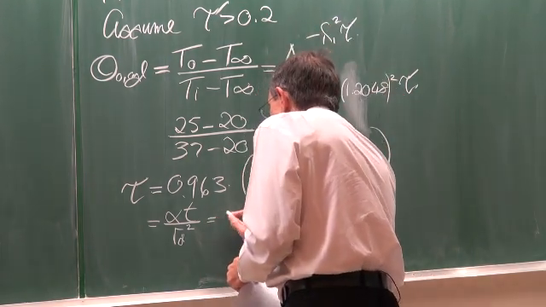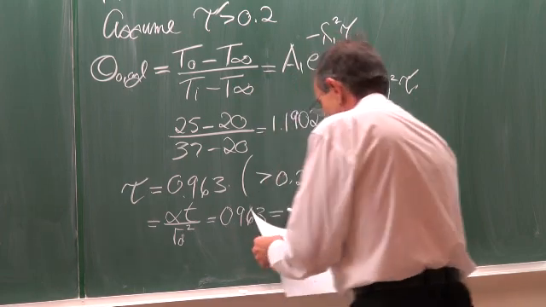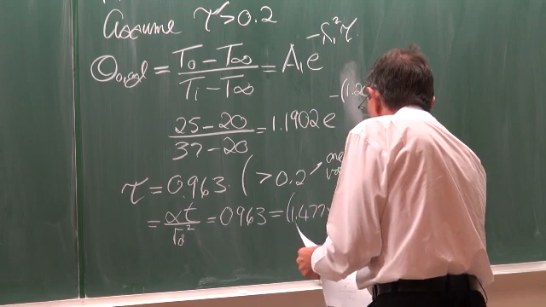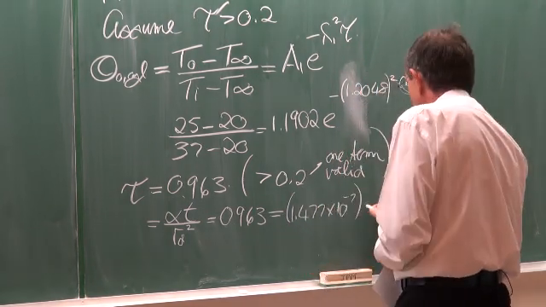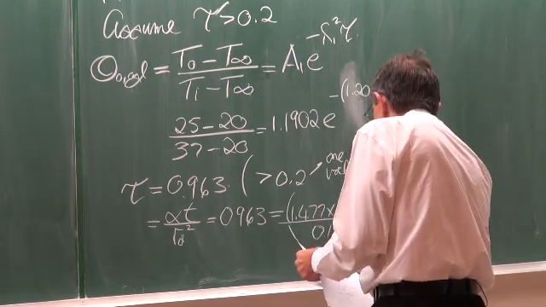So 0.963 is equal to alpha, which is 1.477 multiplied by 10 to the minus 7, multiplied by time t divided by the radius square.